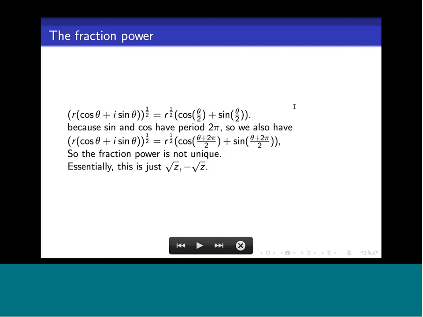Both could not be negative, could not be positive. It doesn't make any sense. I cannot compare i with anything. There is no comparison. So there are 2 roots for it.